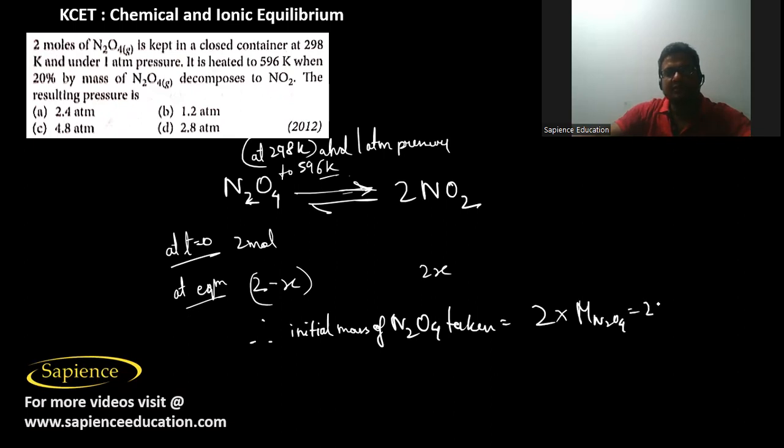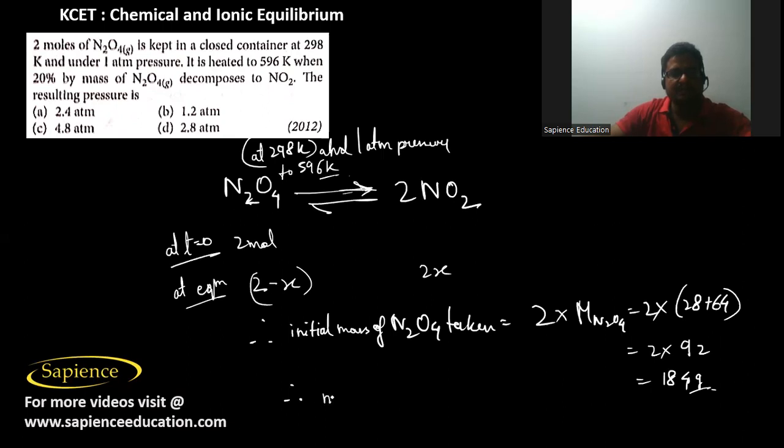That will be equal to 2 into 14 is 28, plus 16 is 64, which is 92. So 2 into 92 is 184 gram. 184 gram of N2O4 was initially taken, and then how much part has reacted?